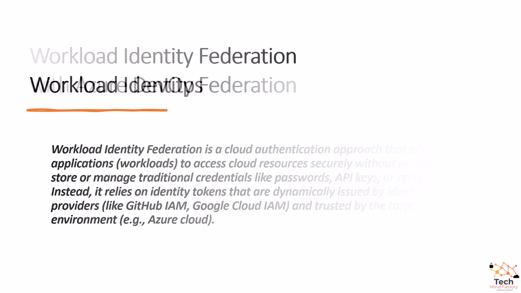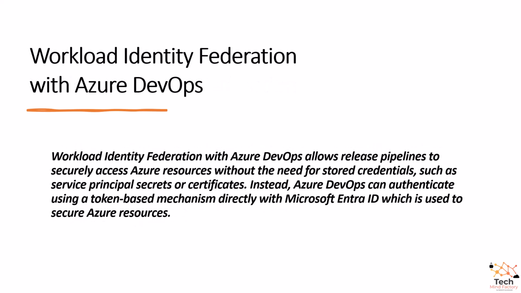When it comes to Workload Identity Federation with Azure DevOps, it allows release pipelines to securely access Azure resources in the cloud without the need for stored credentials such as service principal secrets or certificates. Instead, Azure DevOps can authenticate using a token-based mechanism directly with Microsoft Entra ID, which is used to secure Azure resources.